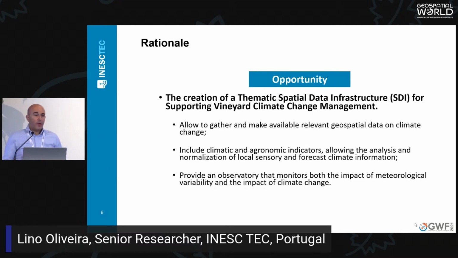So an opportunity arises for us to create a thematic spatial data infrastructure for supporting vineyard climate change management. This allows us to gather and make available relevant geospatial data on climate change, including climate and agronomic indicators, allowing the analysis and normalization of local sensory and forecast climate information.